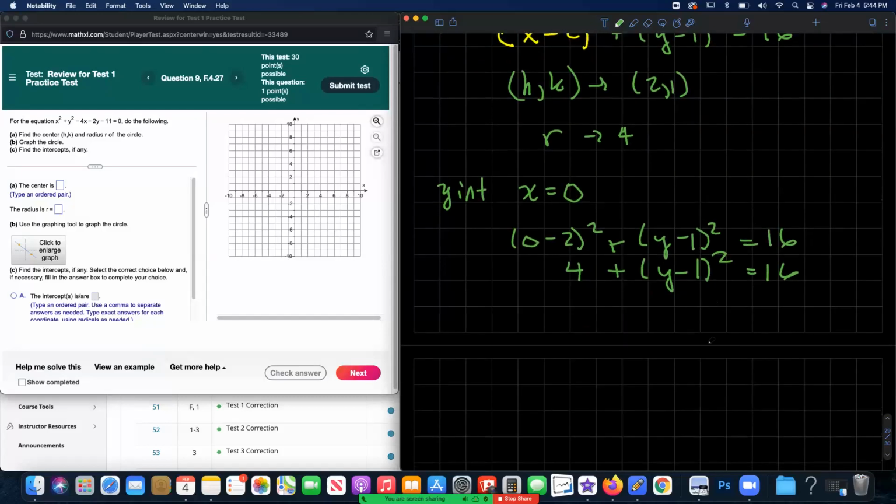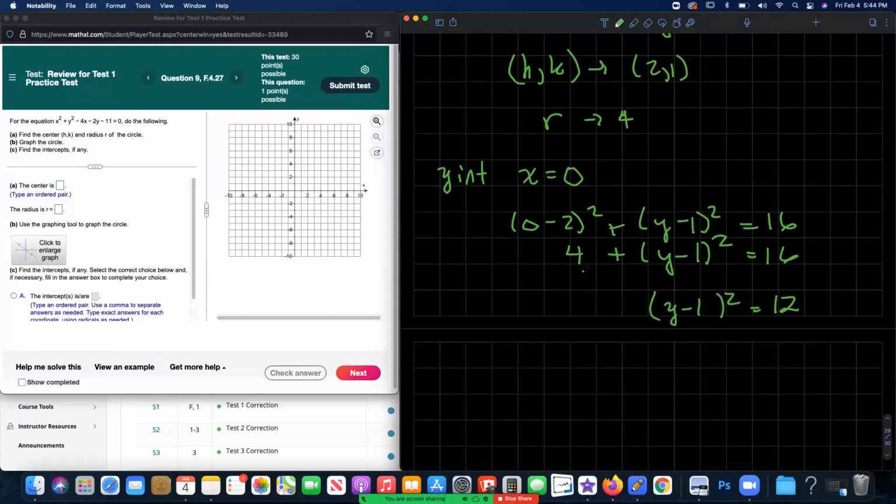I can subtract 4 on both sides, which gives me y minus 1 squared is equal to 12. And then I'm going to take the square root of both sides, which gives me y minus 1 equals the square root of 12. And technically, it should be plus or minus the square root of 12.